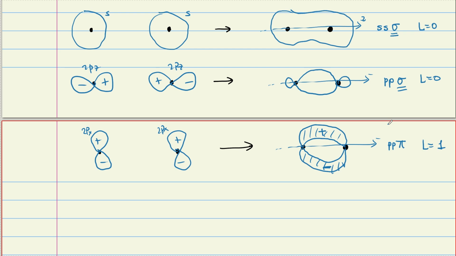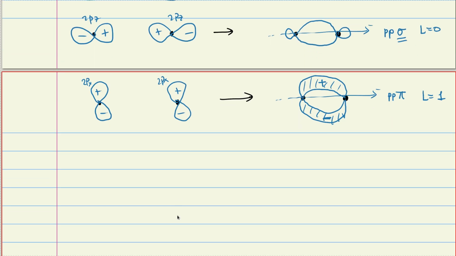So it seems like we are preserving the molecular and atomic orbitals, but what actually happens is the atomic orbitals with different L can also combine. I can, for example, combine s and p. Here, let me give you an example for that.